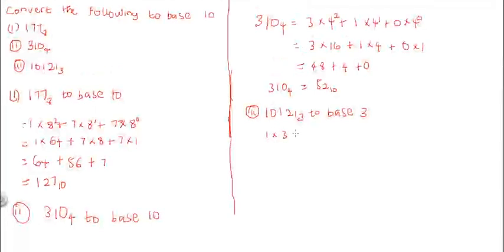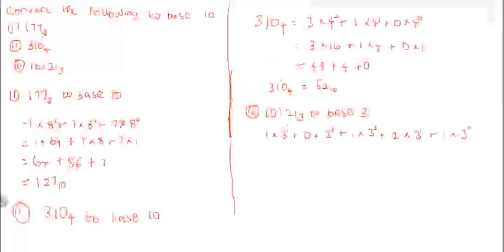So this 1 times 3 plus 0 times 3 plus 1 times 3 plus 2 times 3 plus 1 times 3. So this is my first 3, so this is power 0 from the right, then this is 1, then 2, then 3, and then this is raised to power 4.